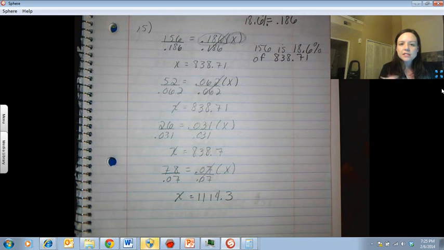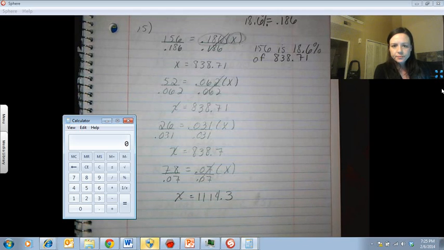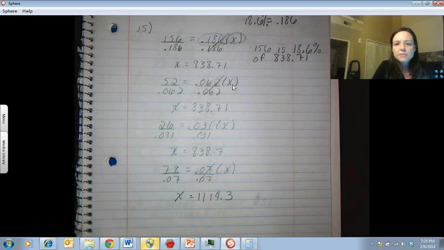All right, so what I did is I went down and did that the same for each one. So here, 52 is 6.2%, but remember I have to change 6.2% to 0.062. 52 is 0.062 of, and "of" means multiply, what number, that's my variable.